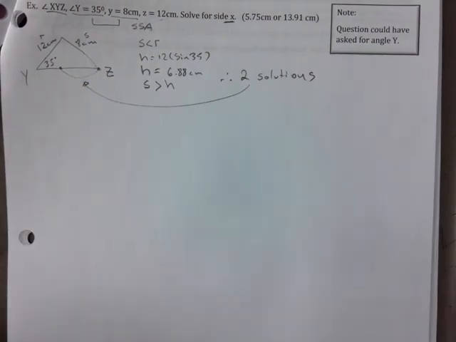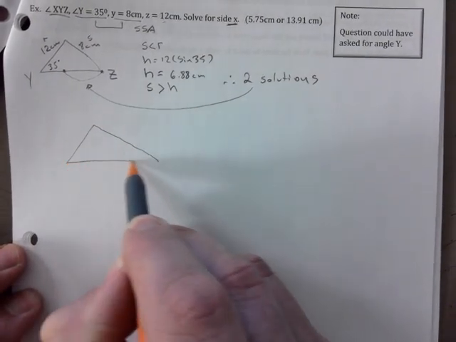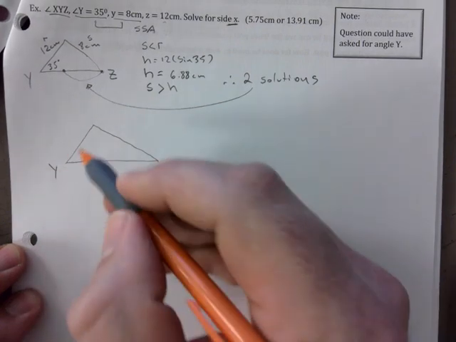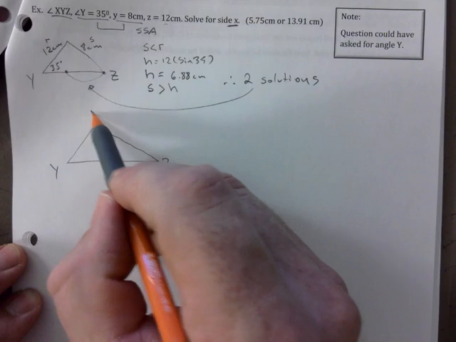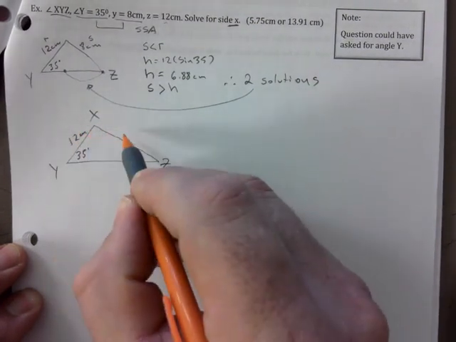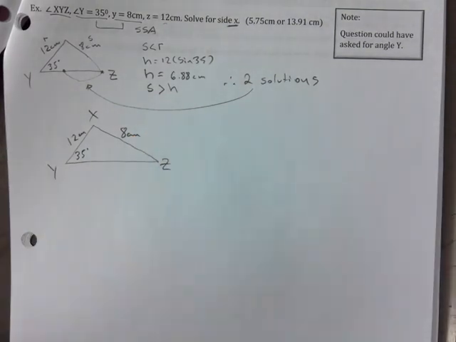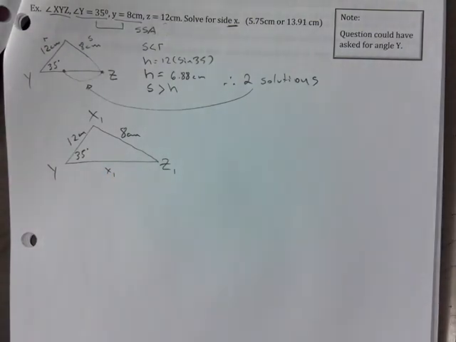The first one I would like you to solve is this one, and the reason being, let's set it up first and then I will show you why. This is X up here, 35, so these do not change. The location of the two sides and the angle given doesn't change. But I would like you to have a sub 1 for the first triangle.